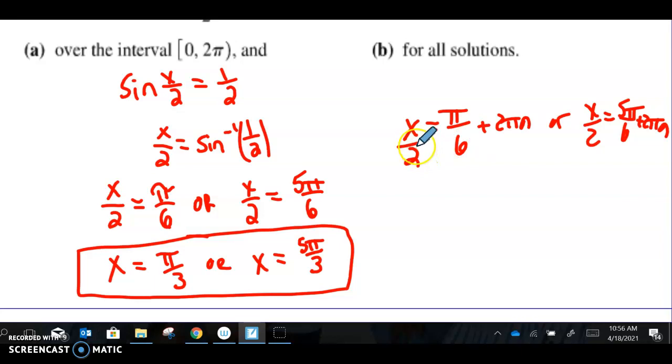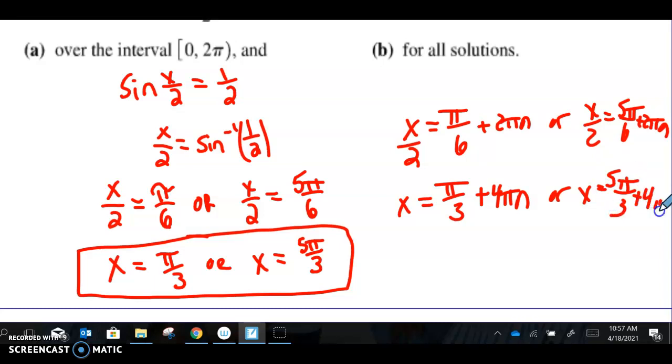So that we remember that when we multiply by 2, we also have to multiply the 2 pi n. So I get pi over 3, just like I did over here, plus 4 pi n, or 5 pi over 3 plus 4 pi n.